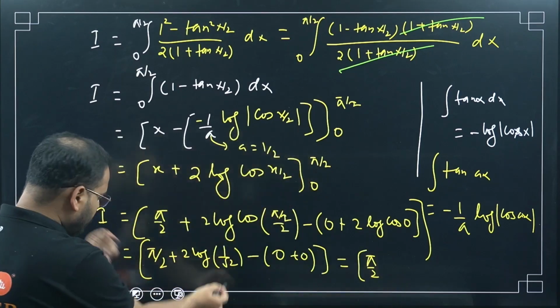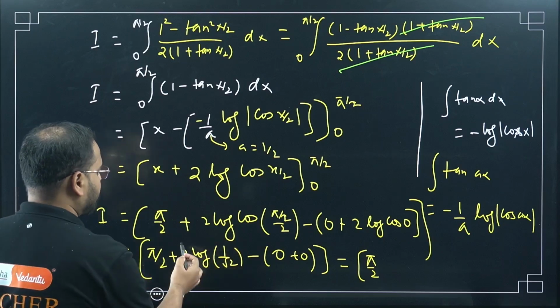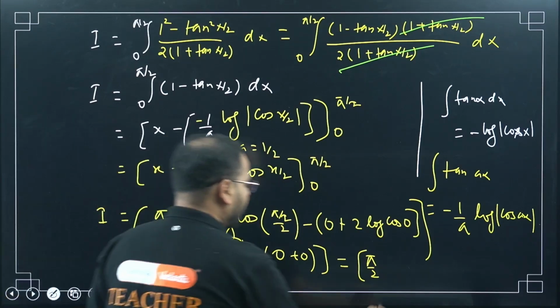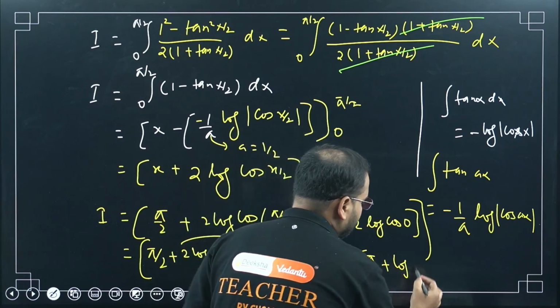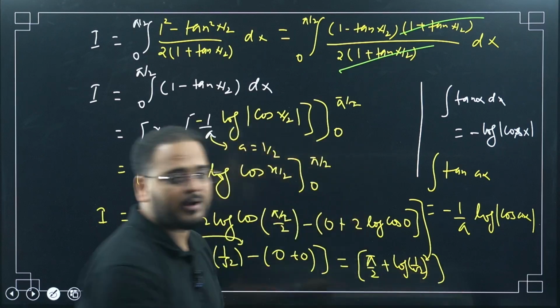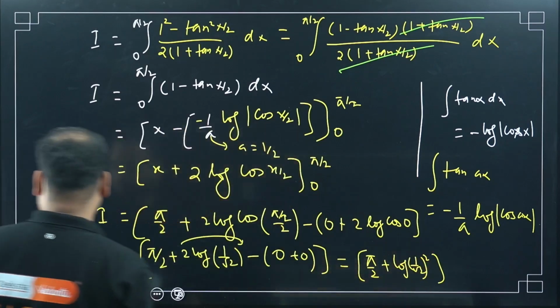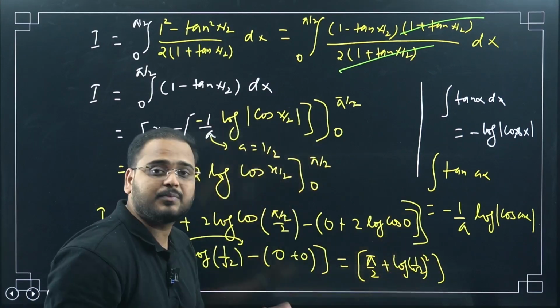Now 1 by root 2 is here, right? I can take this 2 over here. The coefficient of log will become the power of the value. It will become plus log of 1 by root 2 the whole square. How much is the square of 1 by root 2? Simply 1 by 2.